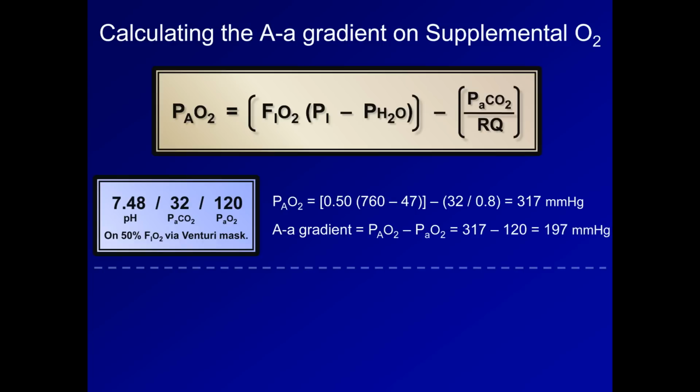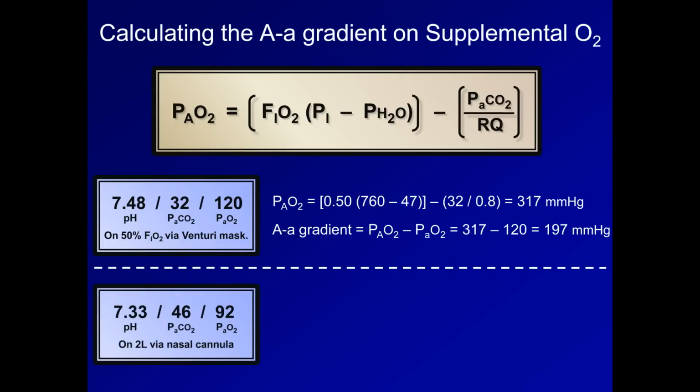For the second example, we have a patient on 2 liters via nasal cannula with a pH of 7.33, PCO2 of 46, and PaO2 of 92. Before we can calculate PAO2, we must determine FiO2. Remembering from earlier in the lecture, the FiO2 of a patient on nasal cannula can be very roughly estimated as 0.21 plus the product of 0.03 and the oxygen flow in liters per minute.